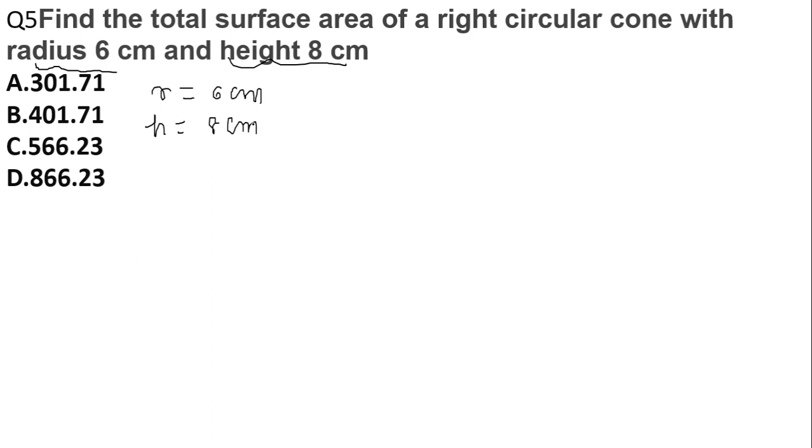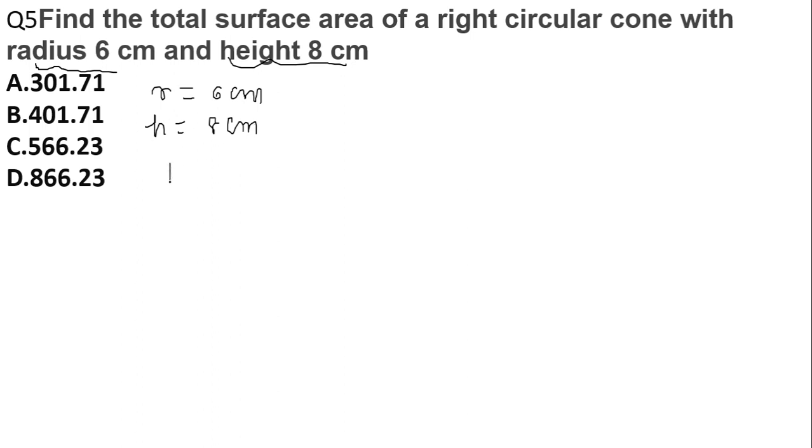And if they clearly mention slant height, then you have to take L, the slant height of the cone. Just make a clear difference between the vertical height and the slant height.